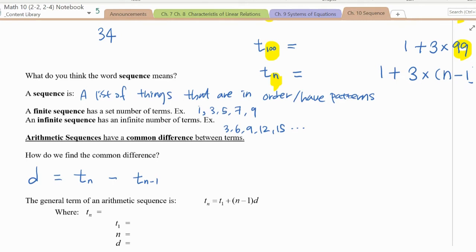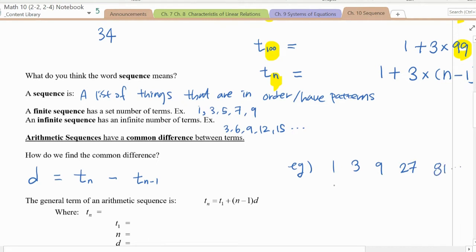In Pre-Calculus 11, you're going to learn geometric sequences. An arithmetic sequence has a common difference, and a geometric sequence has a common ratio. I'm just going to let you know an example of a geometric sequence. Say I have 1, this is my first term, and the second term is 3, third term 9, fourth term 27, fifth term 81.